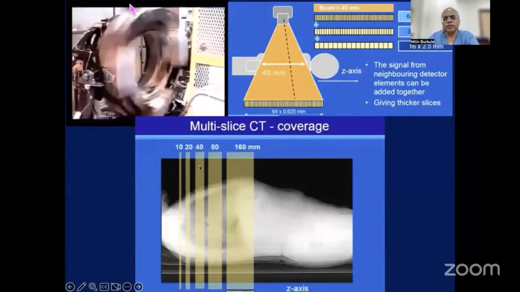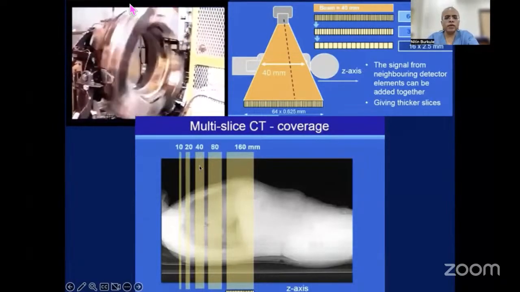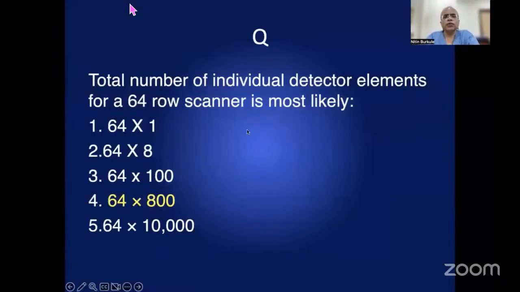So we should know how the images are created by this 64 slice CT. So let us come to this question. How many detectors are there on the opposite side of the X-ray tube in your CT gantry, if it is a 64 slice CT? So it is actually 64 rows, and in each row around the perimeter of the gantry, you can have 800 to 1000 elements.